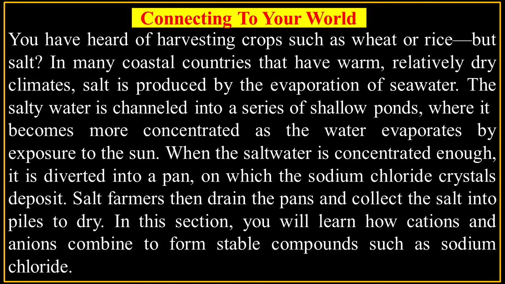Picture's worth 1,000 words. You have heard of harvesting crops such as wheat or rice, but salt? In many coastal countries that have warm, relatively dry climates, salt is produced by the evaporation of seawater. The salty water is channeled into a series of shallow ponds where it becomes more concentrated as the water evaporates by exposure to the sun.